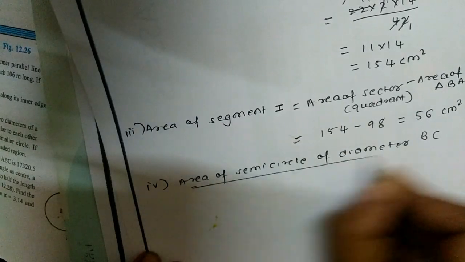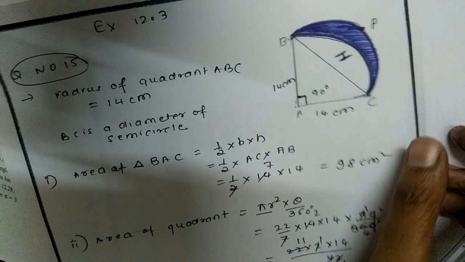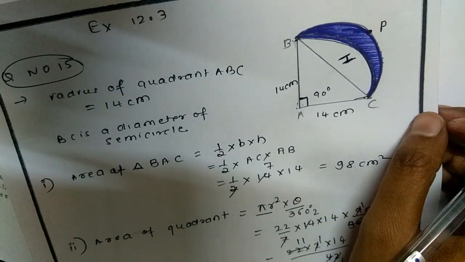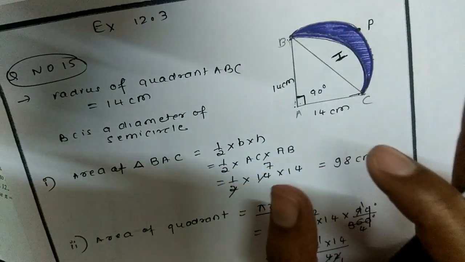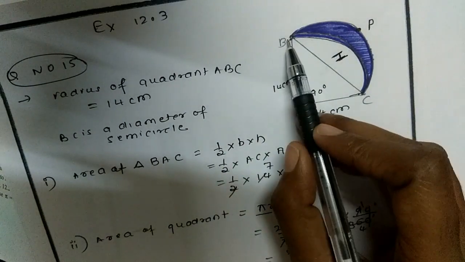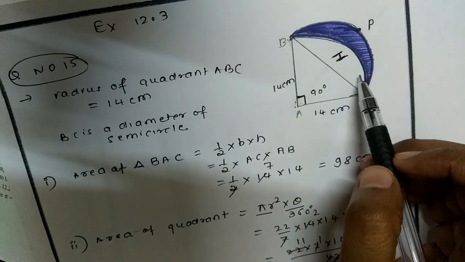So we need to find out this. The formula for the area of a semicircle is pi r square divided by 2, isn't it? Pi r square is the area of a circle; semicircle is half of that. Then we have to find out the radius. So here BC will be our diameter and we need to find out the radius.